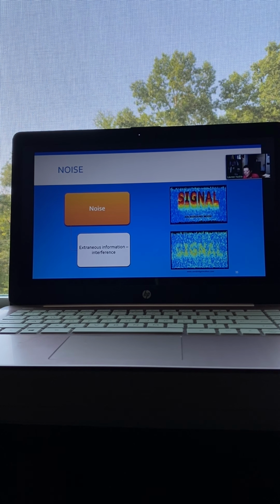Okay. And then the last category is noise. Noise is what we call extraneous information. It's interference. It's useless information. So when you look at the pictures over here, which one are you better able to see the word signal, the top or the bottom?